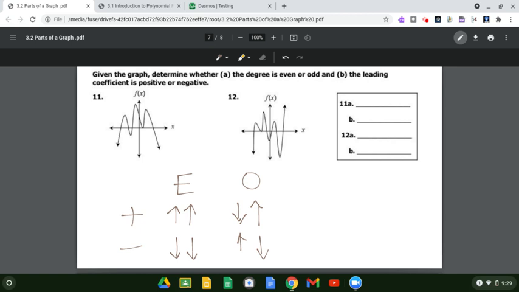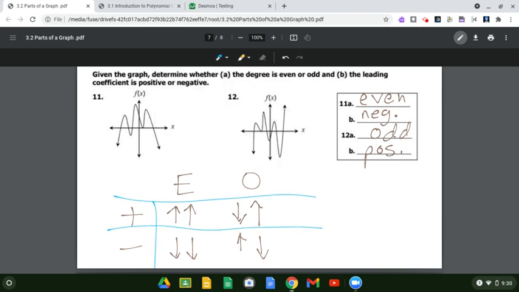That easily matches an even degree and a negative leading coefficient. Number 12, I see the ends going in different directions, so I know automatically it has to be an odd degree. And because it goes down then up, it is a positive leading coefficient. Make sure you have this chart down in your notes if you didn't do it yesterday, because it will help you with determining the end behavior.